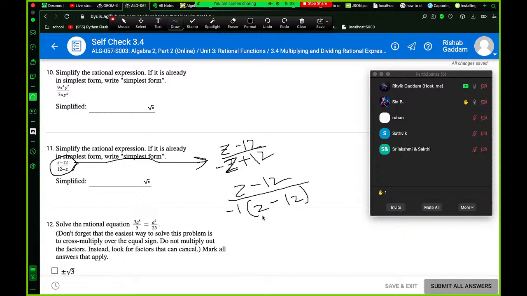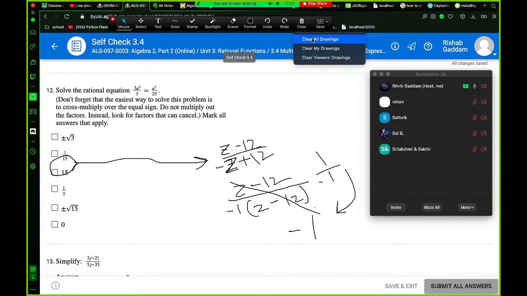Oh yeah, that's the same thing. Yeah. And so you have 1 over negative 1, or just negative 1. So yeah, that's the answer. Good job, Sid and Rohan.